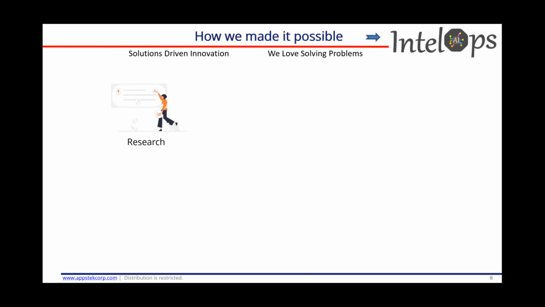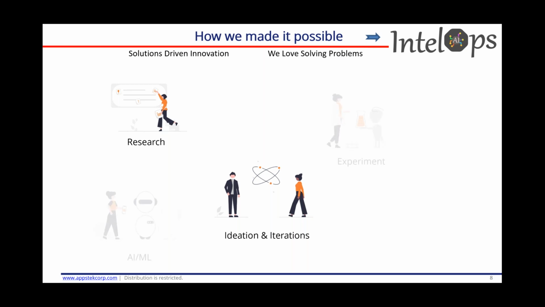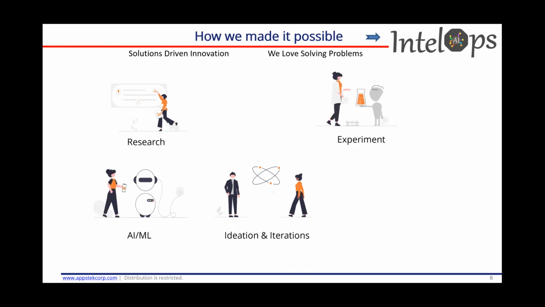What can we do better, or what can we do new? We form an idea, and then we do iterations on those ideas after our research is done, and that's when we adopt AI ML experimentation on those ideas. Once we are satisfied with what we've built, then we go into the core development of the product.